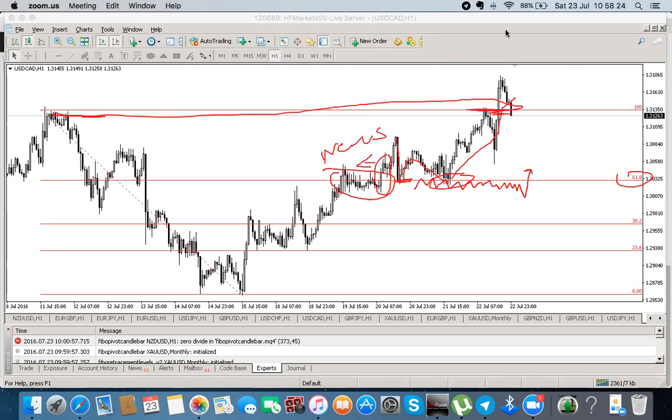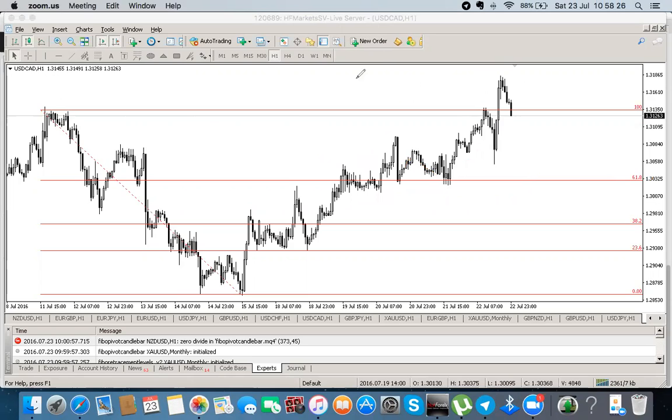Okay, so this is how you identify the potential zones. If I was trading USD CAD, and I draw this impulsive wave using Fibonacci ratios, I would consider 61.8 to take a sell. I would have entered the sell order here, but it took like 10 to 15, 16 hours consolidating in that market.